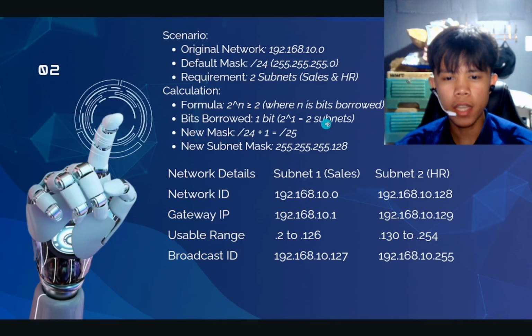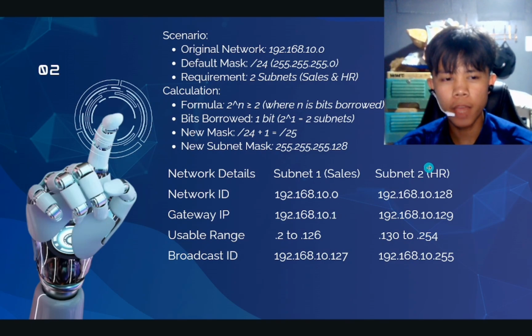This gives us two ranges. Subnet 1 for the sales. The network ID is 192.168.10.0, and the first usable IP, which will be our gateway, is 192.168.10.1.